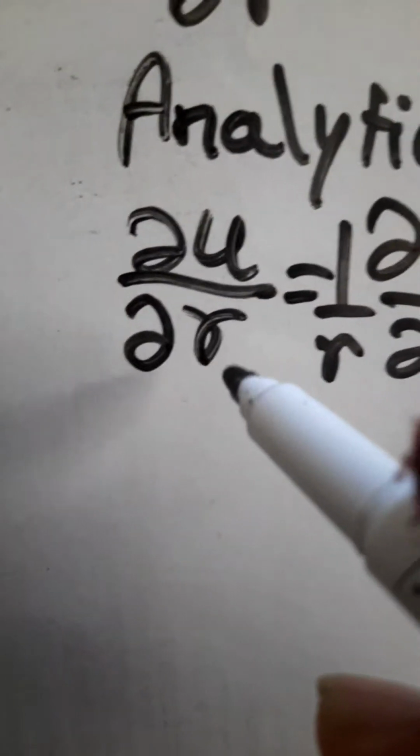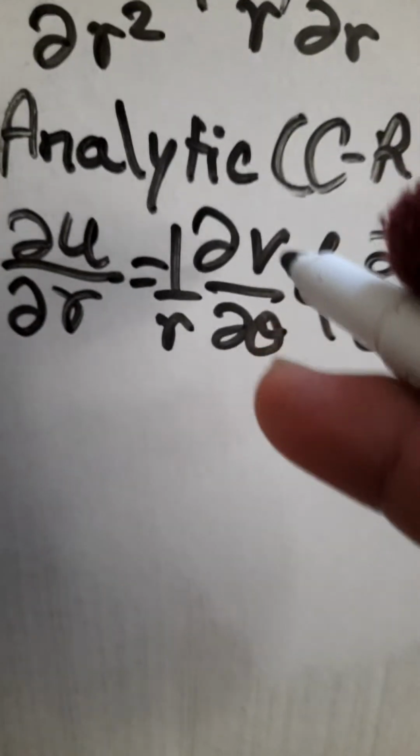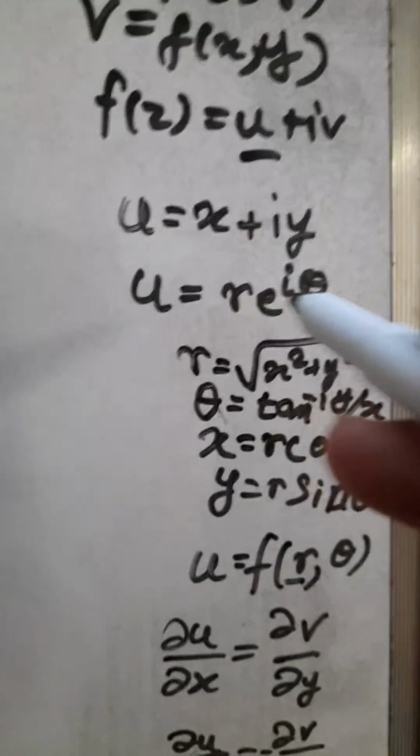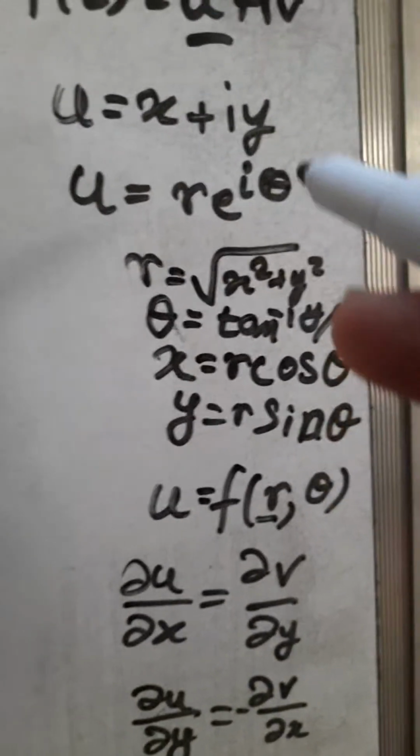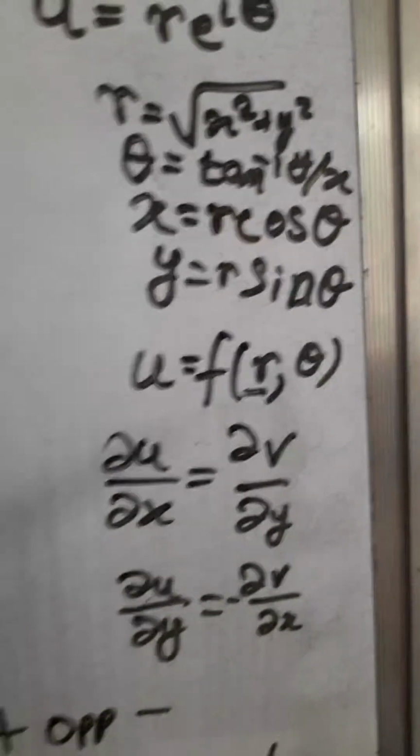So these two are related, because these two are the second function in their respective functions. Theta is the second function in v, and v is the second function in z. You got it right, r e raised to i theta: this is the imaginary second part, and this is the first part, the real part.